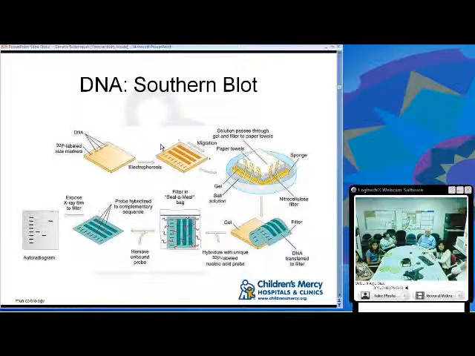And because DNA is negatively charged, it will migrate in this direction to the positive pole. And then we usually put some sort of a marker on it. We used to use P32 labeled markers that would allow us to determine the size of the DNA fragment that we were interested in. And then once we have run this gel, we need to transfer the DNA onto some kind of solid surface.